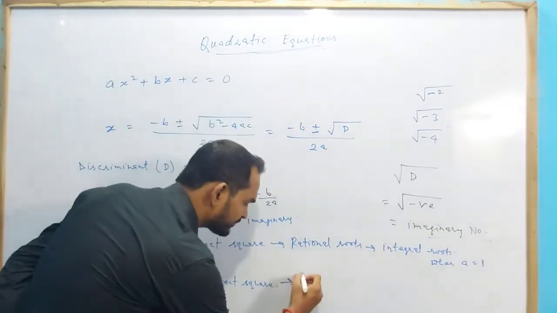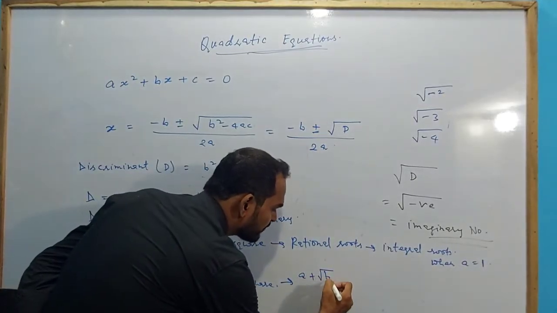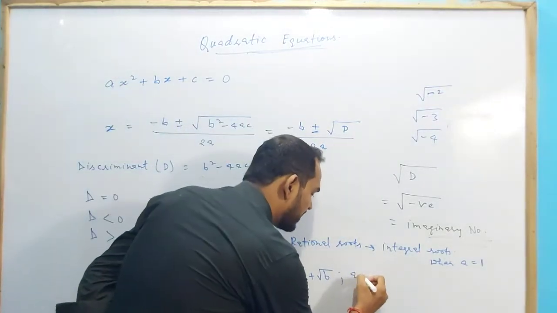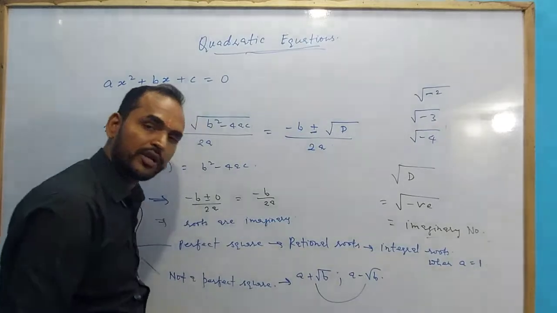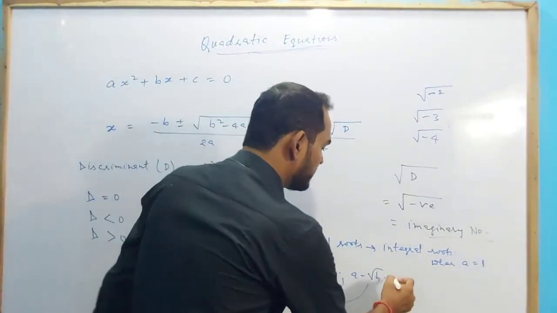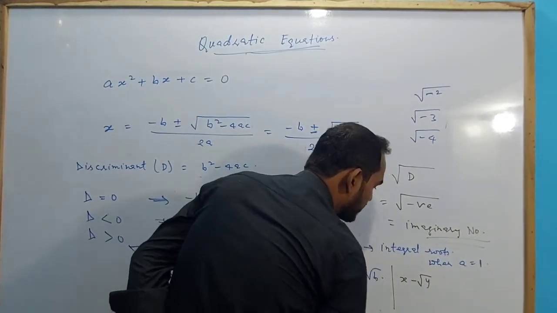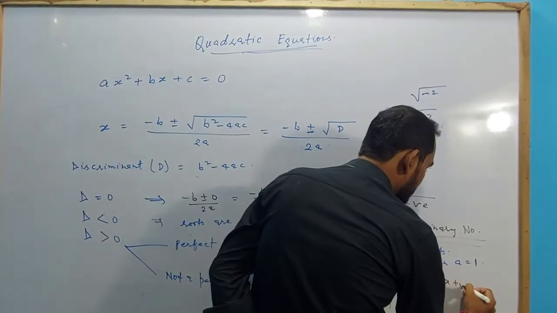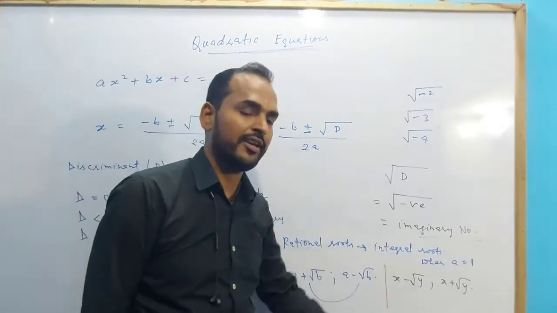It means if one root is a plus root b, automatically the other root will be a minus root b. So they are said to be conjugate. Once again, if one root is x minus root y, the other root will automatically be x plus root y.